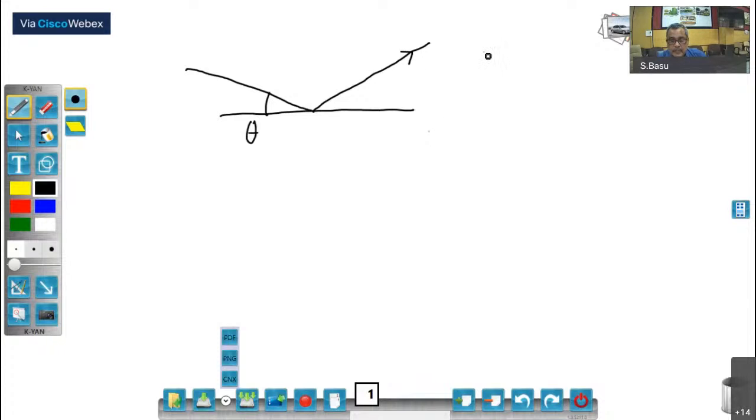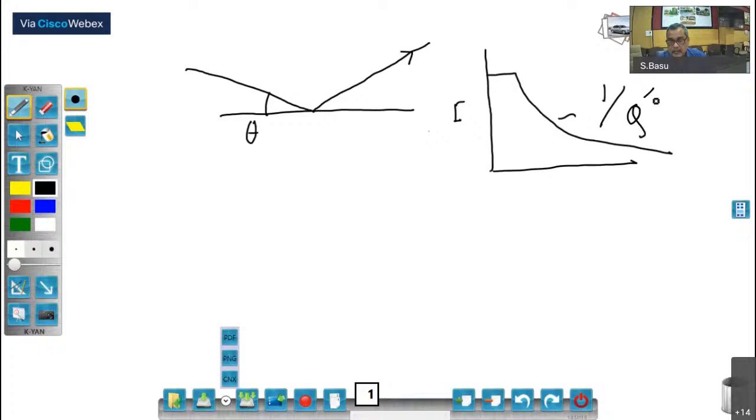If I draw the reflective intensity for a neutron of wavelength lambda, it goes like this. So there is a region which is known as region of total external reflection. So neutron undergoes total external reflection for a wavelength lambda up to some angle known as theta c.